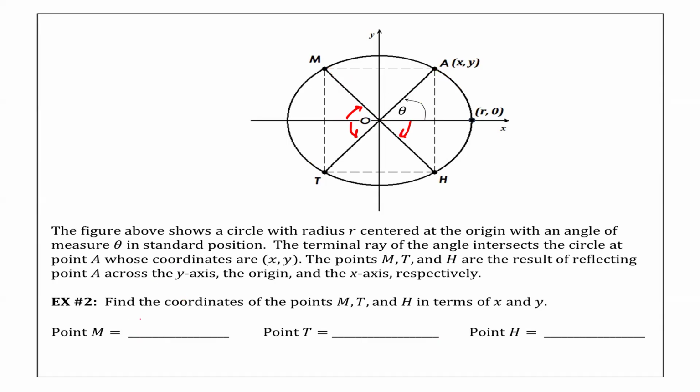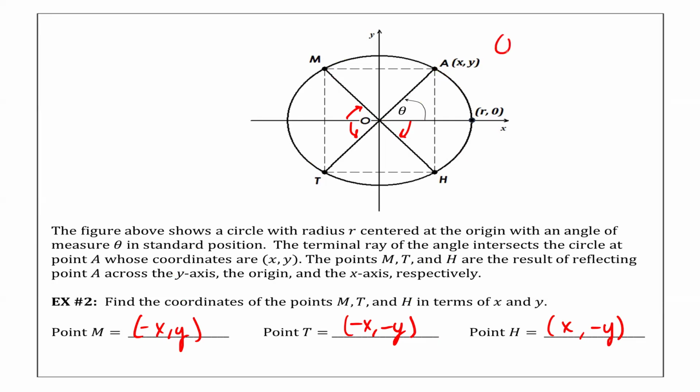There you go. M is negative X, Y. What is T? Negative X and negative Y. What is H? Positive X, negative Y. Okay, that's because in each quadrant, there are rules to follow for your X's and Y's, correct?